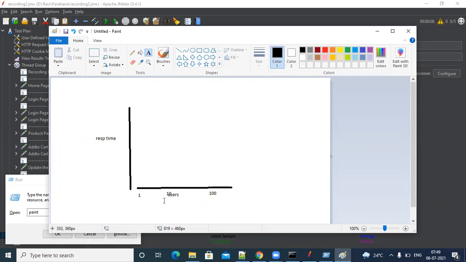If it is constant, then the server is fine. Correct. Generally it will start from somewhere, because it can't start from zero. Even for 1 user it will show some response time. So it will be like this. Okay, 1 minute.